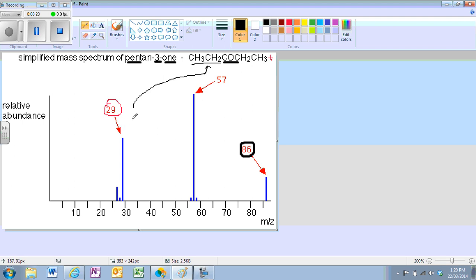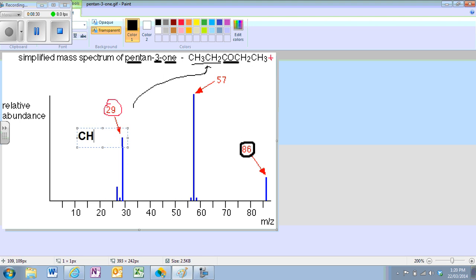So if you're asked to identify that fragment for this question, it's come from the CH3-CH2 group. And to get full marks for that on your exam, you would say that, and don't forget the positive charge to actually get the marks for that. So that peak corresponds to that fragment.